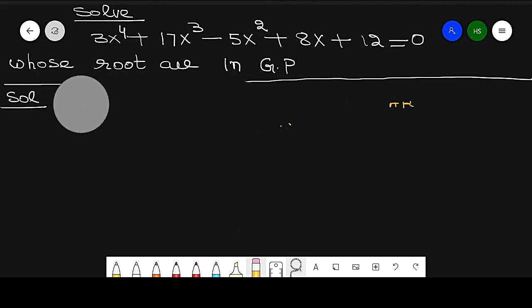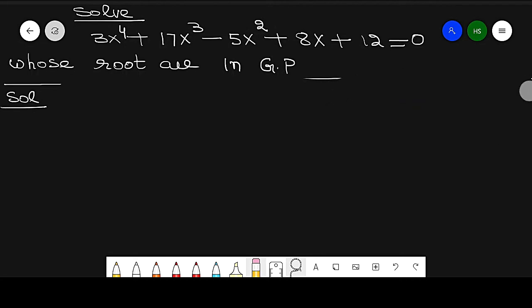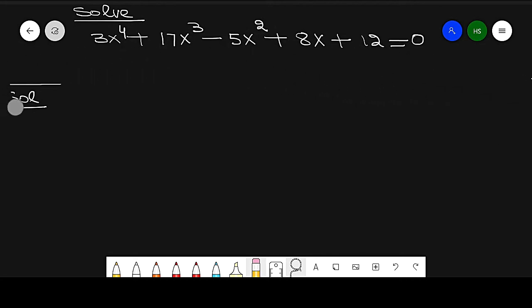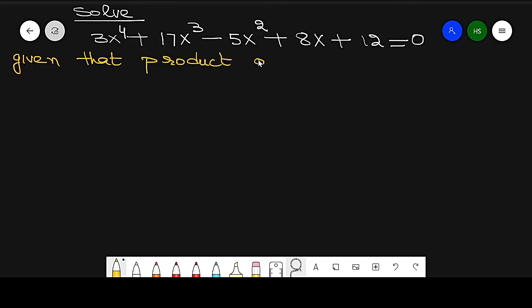So correct the statement of the equation. In this case, solve the equation given that the product of two roots is unity.